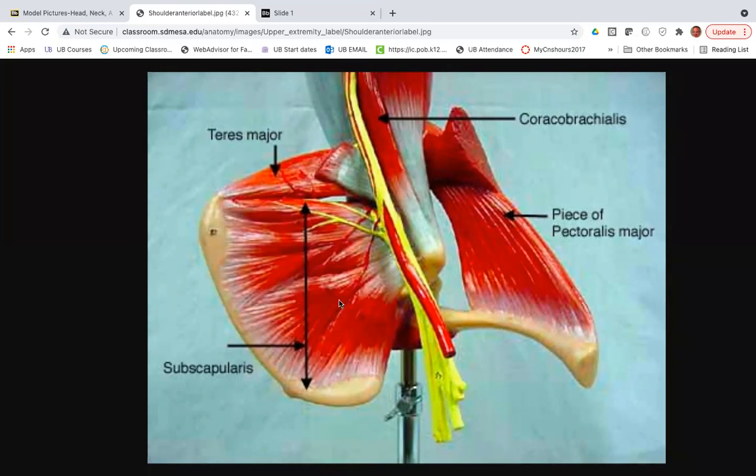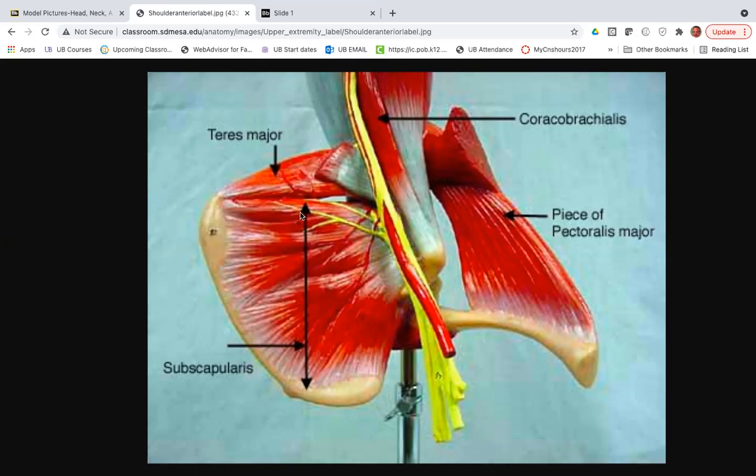And here, along the subscapular fossa, is this large muscle called the subscapularis. Okay, now the subscapularis, its action is going to be internal rotation. Same exact action as Teres Major. They are both internal rotators of the shoulder.